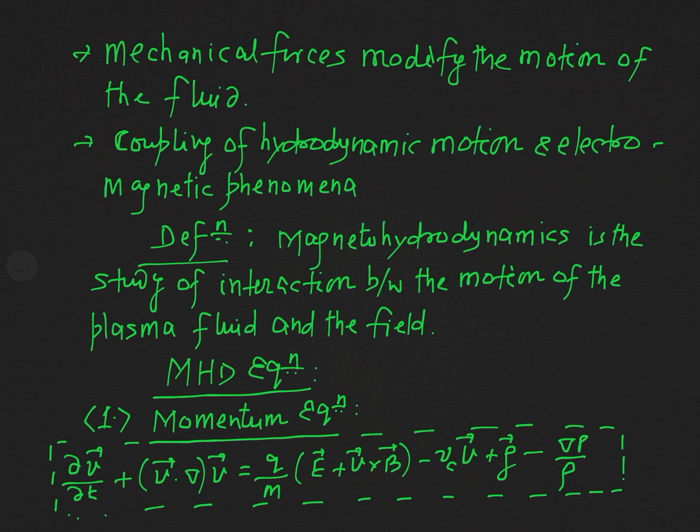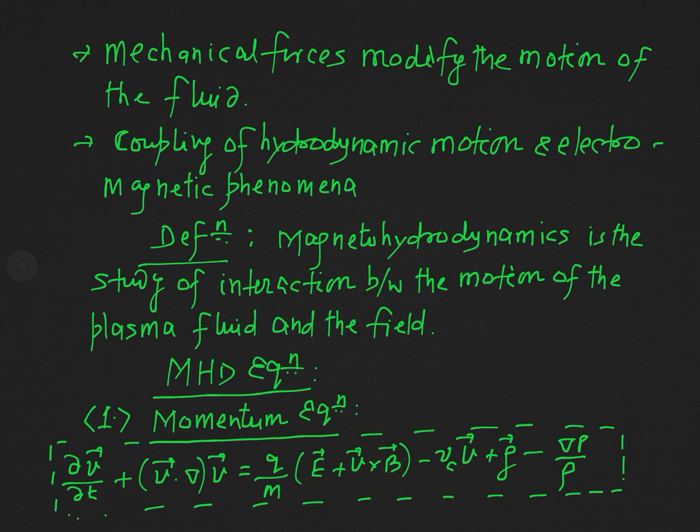What you see here is that there are 2 types of phenomena taking place simultaneously. The first is electromagnetic phenomena, and the other is the hydrodynamic motion of the fluid. So there is a coupling of hydrodynamic motion and electromagnetic phenomena, and this coupling is the subject matter of magnetohydrodynamics.